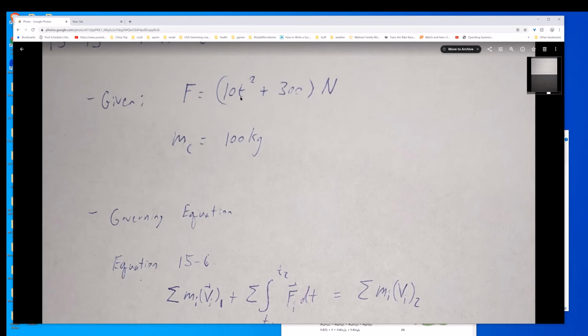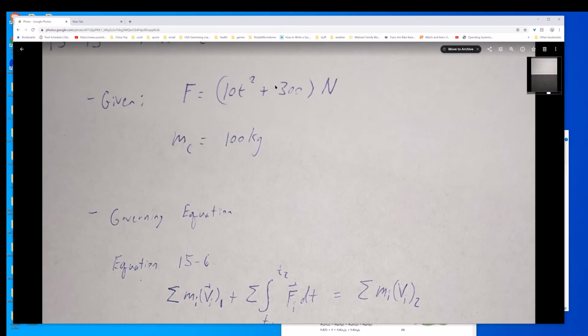But what we need is for t to get to a point where the crate starts to move. We can do that using Newton's equation of motion, F equals ma, and solve for t. The mass is this, and the acceleration is the acceleration of gravity, so it's mg, essentially the weight.